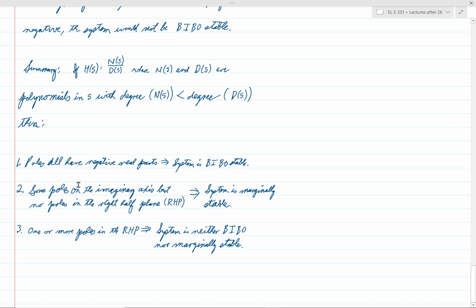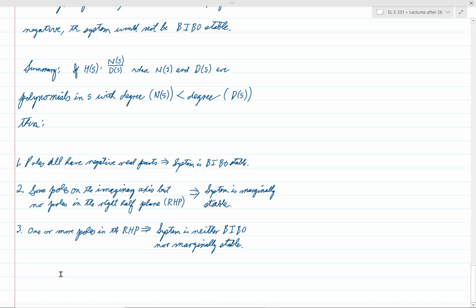If some of the poles are on the imaginary axis, but no poles are in the right half plane, in other words, no poles have positive real parts, then the system is marginally stable.